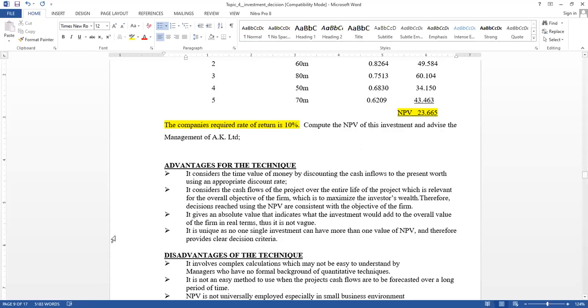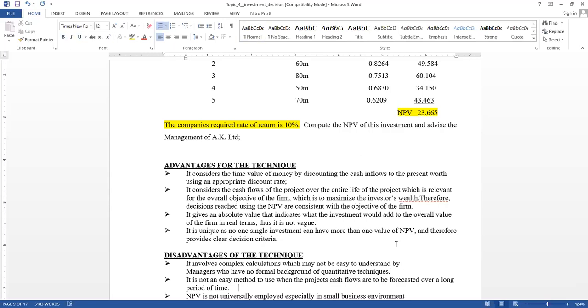Then it is a unique method, because you cannot have one single investment having more than one value of NPV. So it is a clear method to use, especially if you are evaluating estimates.